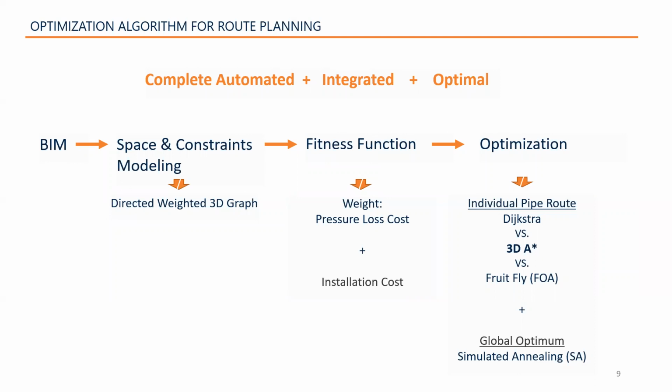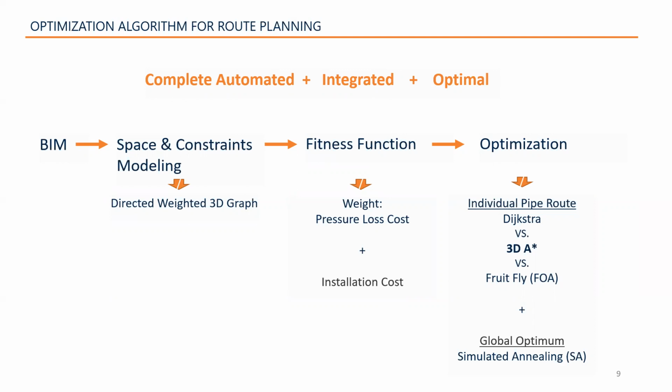So the goal of the new approach in this paper is finding a completely automated, integrated, and optimal solution. This paper proposes a BIM-based approach for layout design of multiple PEPs using a heuristic search method.